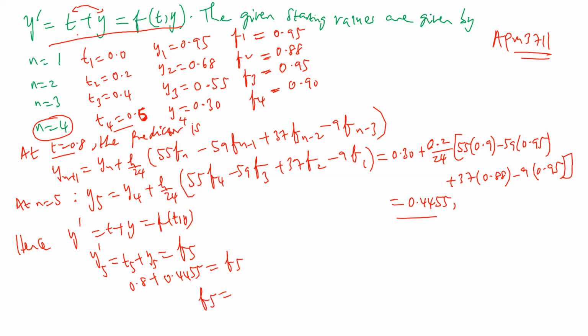It becomes the sum of this: if you add 0.8 plus 0.4455, it is 1.2455. So f5 is 1.2455.